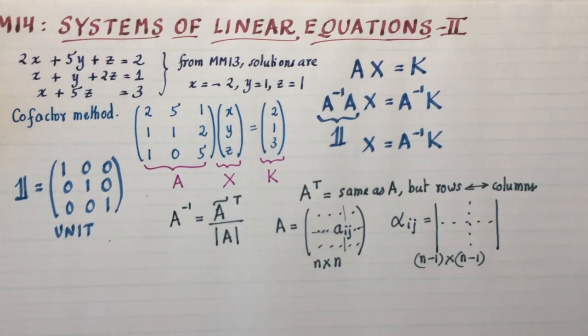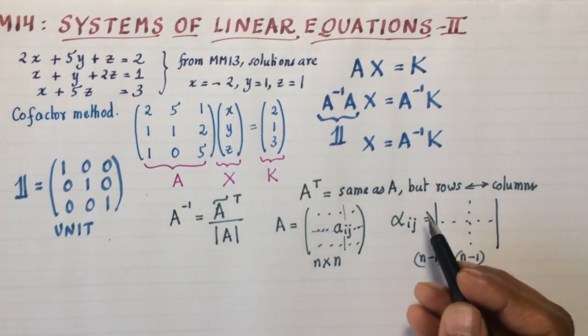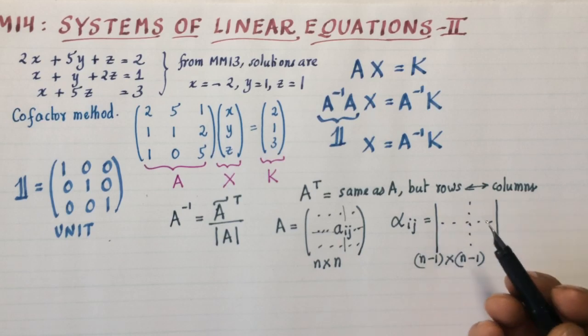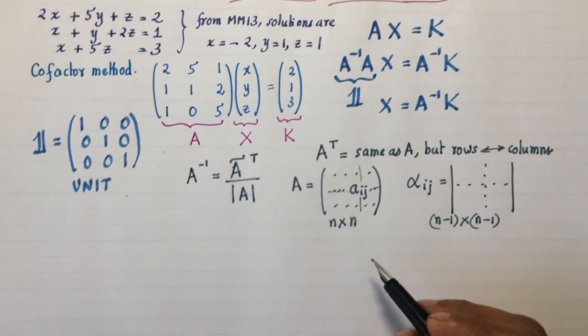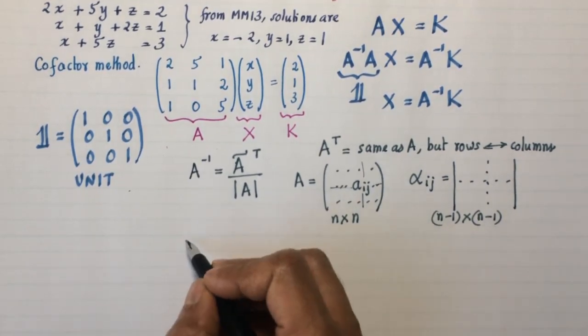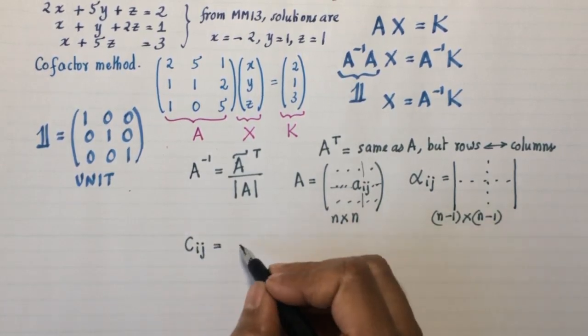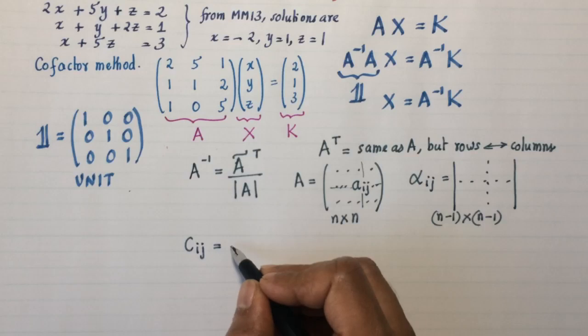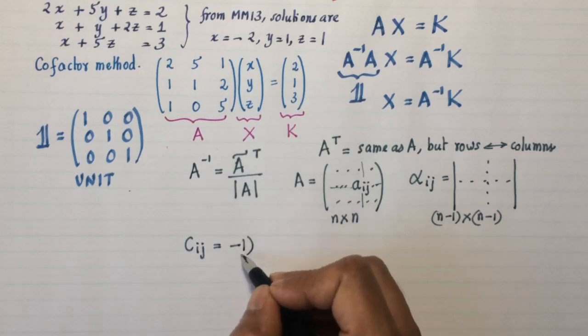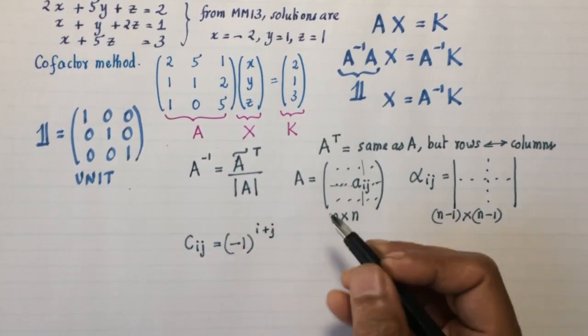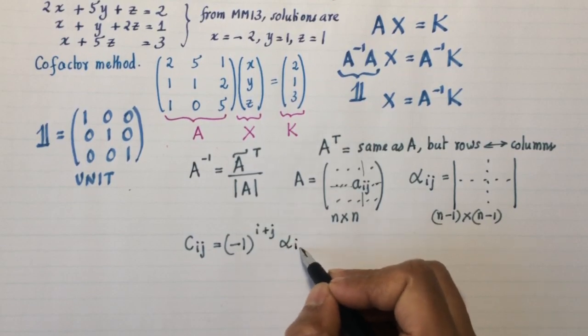Once you form the alpha ij's, the cofactor matrix is just the assembly of all these alpha ij's with a proper sign factor. So if I want to write the cofactor matrix, the Cij element of the cofactor matrix will be negative 1 to the power i plus j times these alpha ij's.